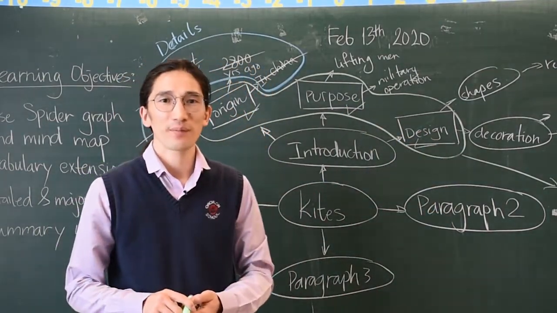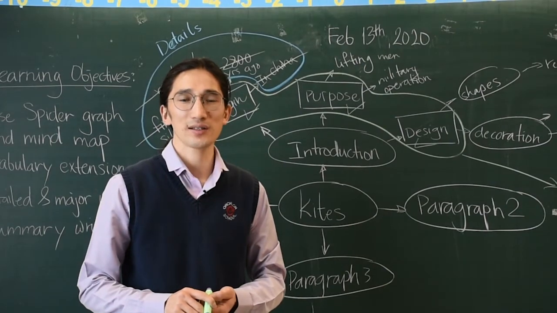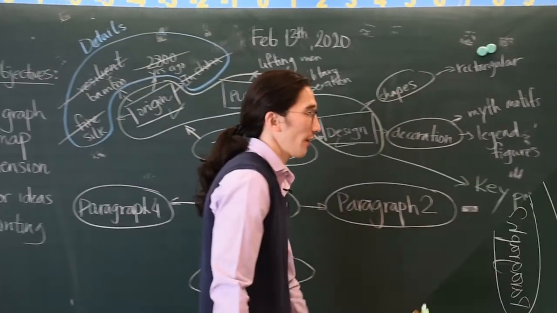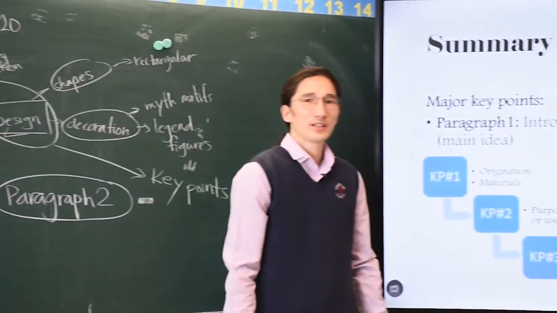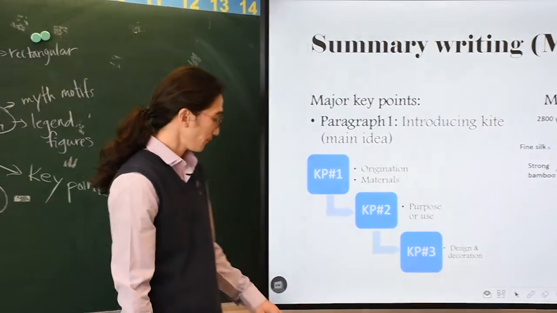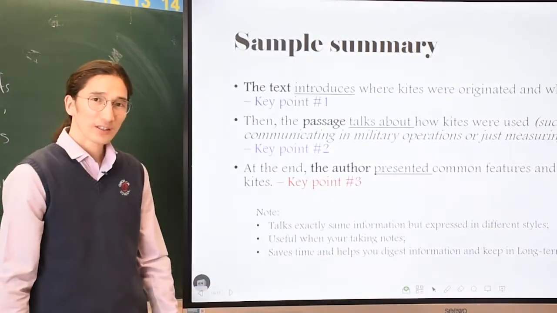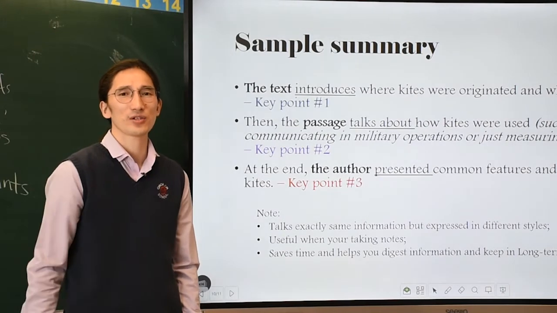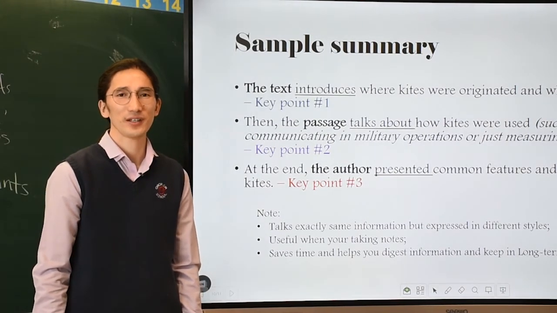So let's see, how can we write the sample summary for this text? If you remember, there were three key major points, right?